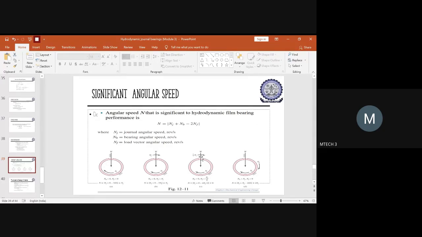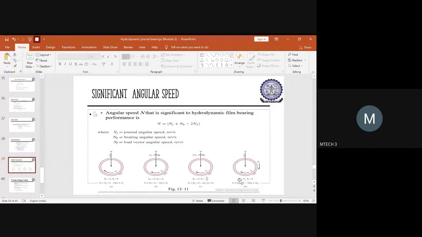Okay, so whenever the value is given as half the speed with which the journal is revolving, obviously the net angular speed will be equal to 0. So this is what you have to understand. In the last diagram, you can see that they have given you the angular velocity for the journal as well as the angular velocity for the bearing, but not the value for the load vector, and hence nf will be equal to 0, and then you will write nj plus nb, and here the condition is nb is equal to nj.